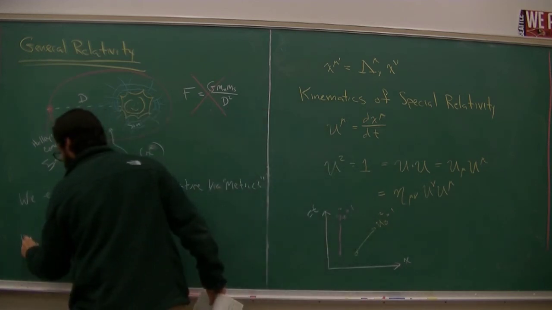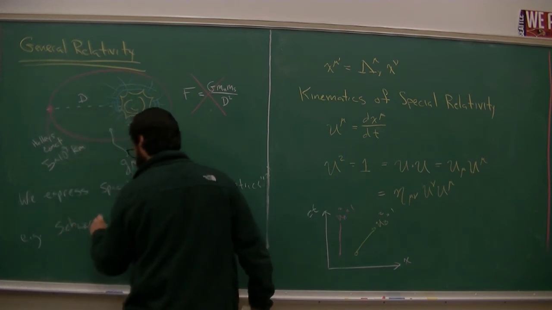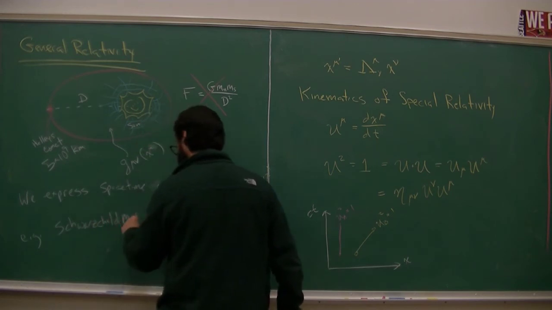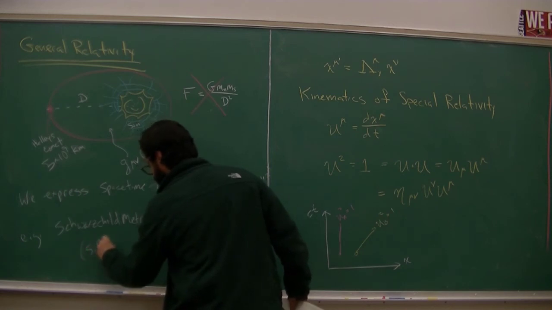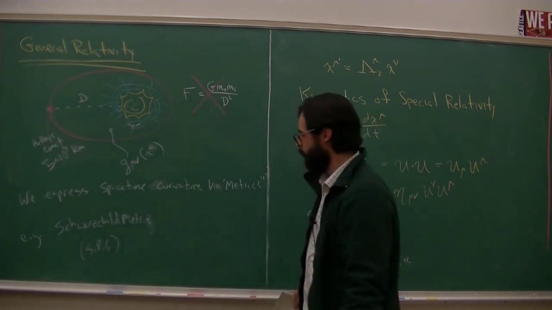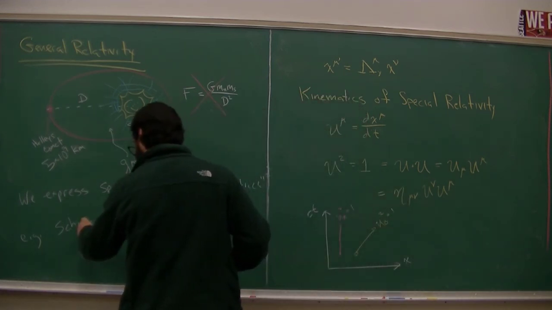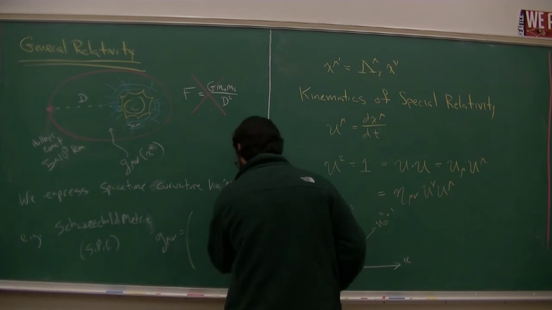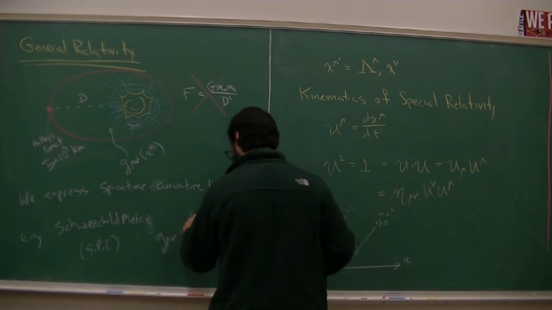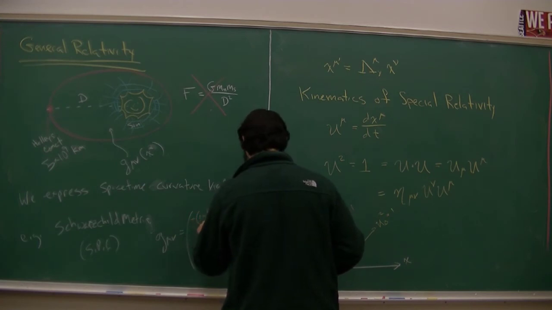And here's an example metric, the Schwarzschild metric. Because it describes spherically symmetric things like planets, stars, and black holes, we'll express it in spherical polar coordinates. And I think there's no t in there, which is right. So this is g mu nu. We're in space-time, so we have a 4x4 box of numbers, a tensor.